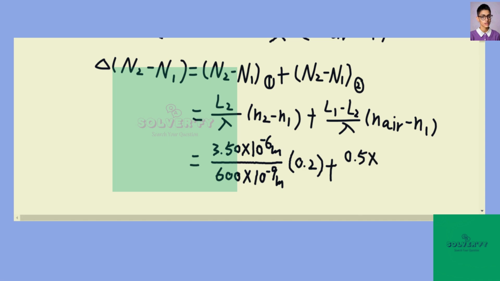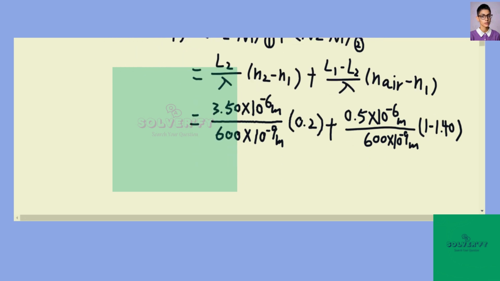So 0.5 times 10 to the power of -6 meter is L1 minus L2 over lambda, which is 600 times 10 to the power of -9 meter, okay, times n air minus n1, which is 1 minus 1.40. The index of refraction in air is just 1, okay? So that's why it's 1 minus 1.4.